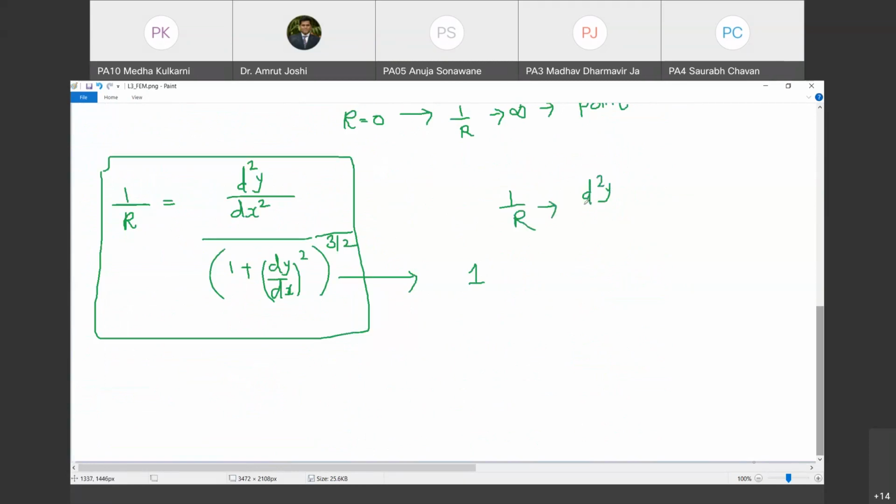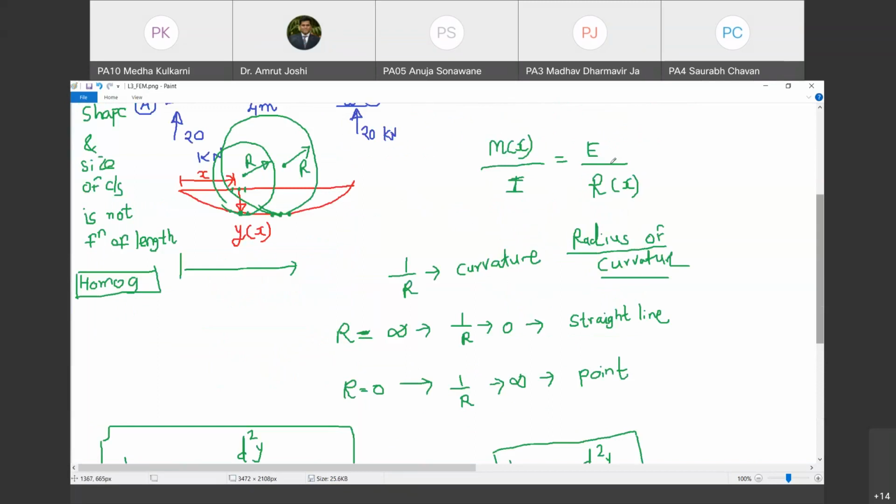And when we are saying the material is in the linear elastic zone, we obviously mean that deformations are small, generally. I'm not making a statement here, but generally, are you with me? So can I approximate 1 over r by d square y by dx square? Now replace this 1 over r by d square y by dx square.